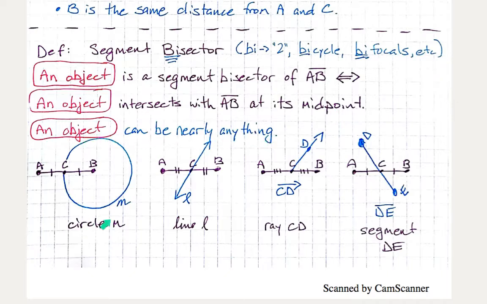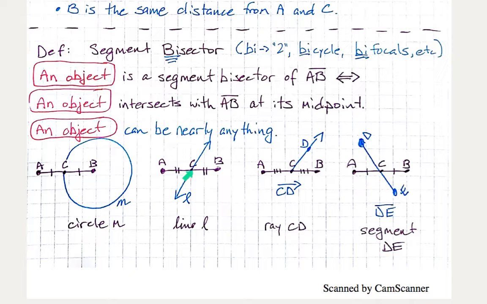So here, circle M cuts through segment AB at its midpoint. See the marks here, right? From C to B is the same as C to A. That means that C is right in the middle. It's the midpoint. It's on this circle. That makes circle M a segment bisector.